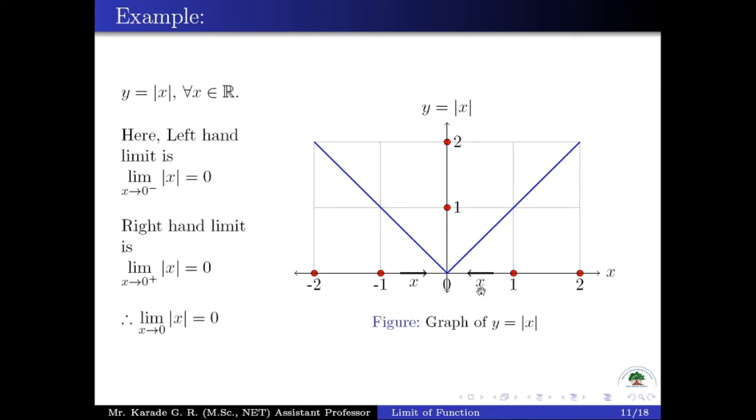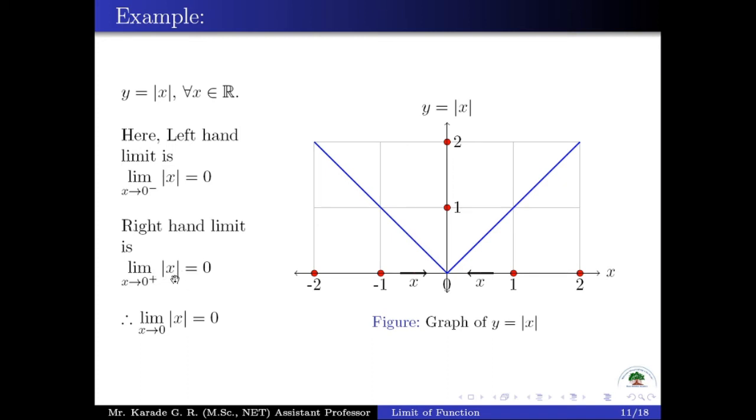Similarly we see here, when x approaches 0 from the right hand side of 0, the values of the function approach 0. So it is called the right hand limit of modulus of x.